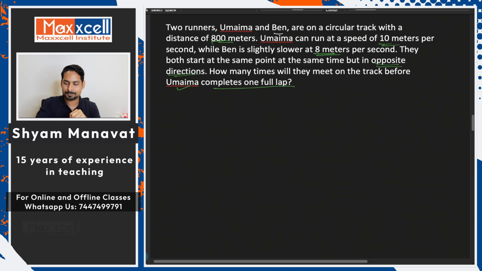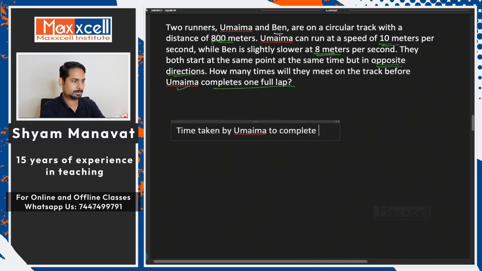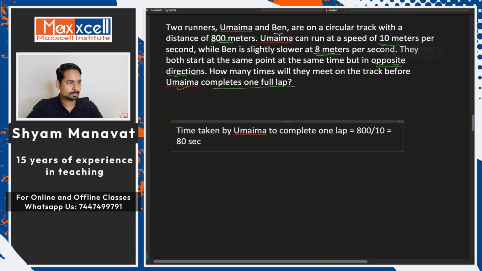So the time taken by Umaima to complete one lap should be equal to distance, the length of one lap, that is 800, divided by the speed of Umaima, that is 10, right? So that should be equal to 80 seconds. So it will take 80 seconds for Umaima to complete one lap.